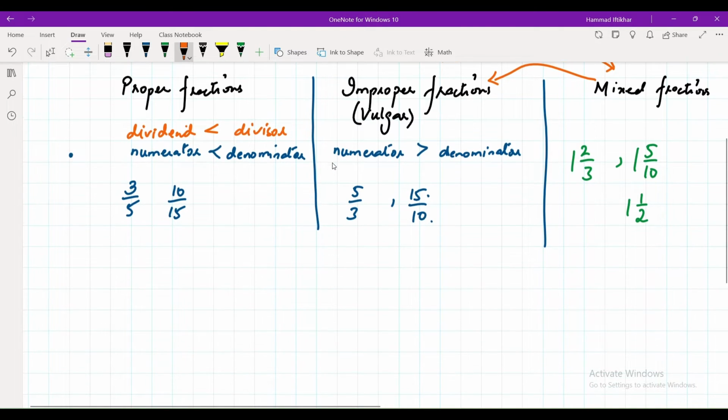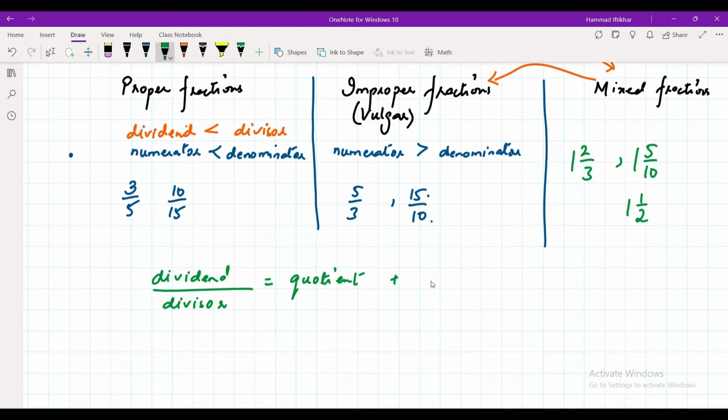So when we have an improper fraction, an alternative description, let's talk about that. When you have a dividend divided by its divisor, it will equal the quotient plus remainder over divisor.